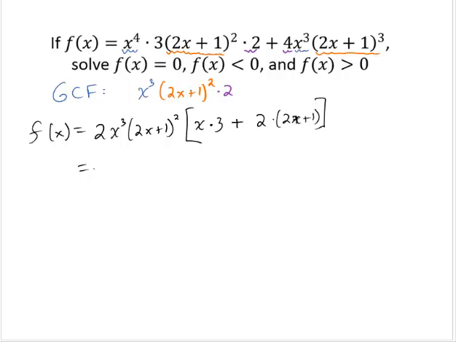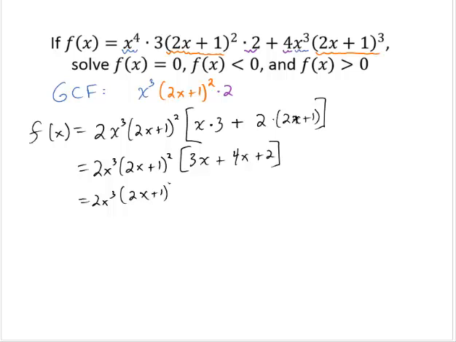So then the function is 2x cubed times 2x plus 1 squared times, I'd have a 3x and, by the distributive property, 4x and a 2. So then that's 2x cubed times 2x plus 1 squared times 7x plus 2.